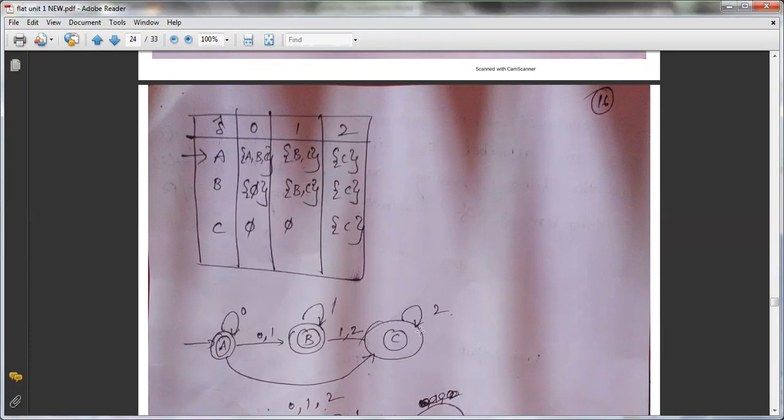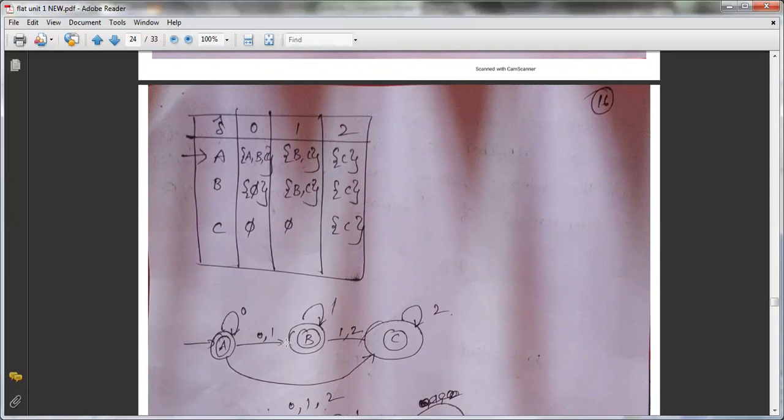So, are there any epsilon transitions now? No. So we have removed all the epsilon transitions. That's how we are going to convert NFA with epsilon to NFA without epsilon.